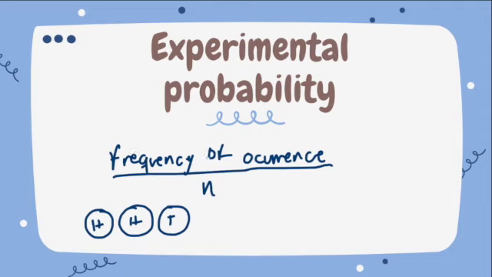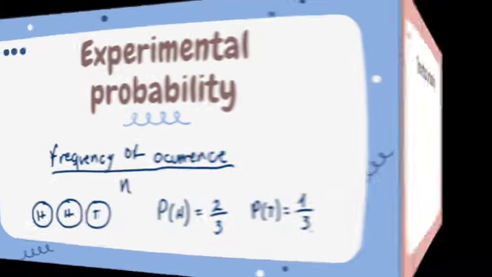And the frequency of occurrence of our event, h, to get a head, was 2. That's why the experimental probability of getting head was equal to 2/3. And the probability of getting tail is going to be equal to 1/3.